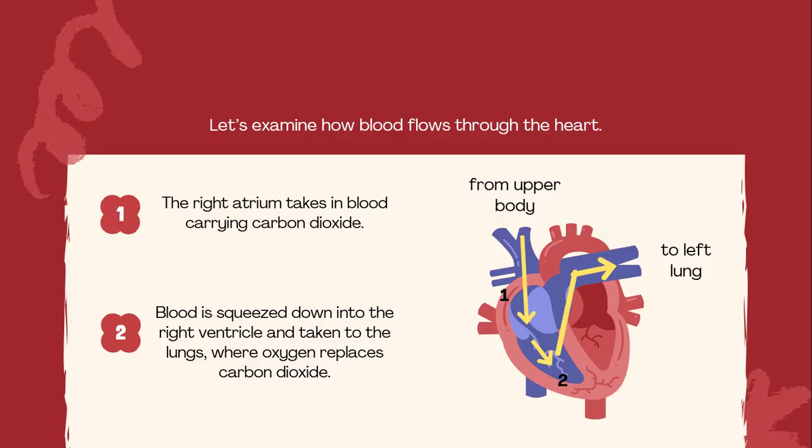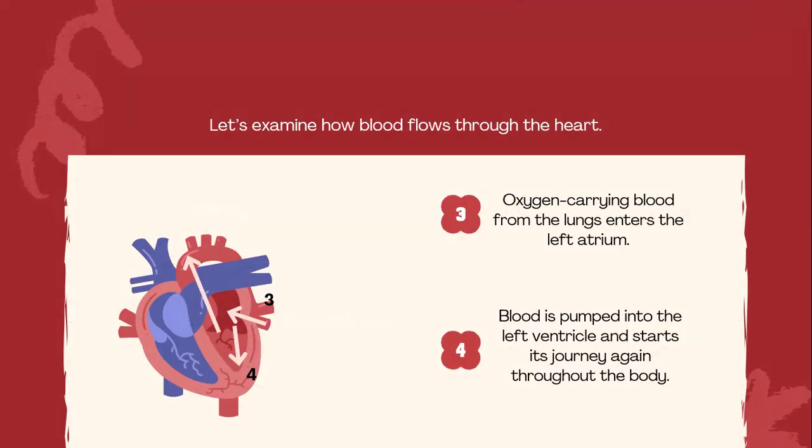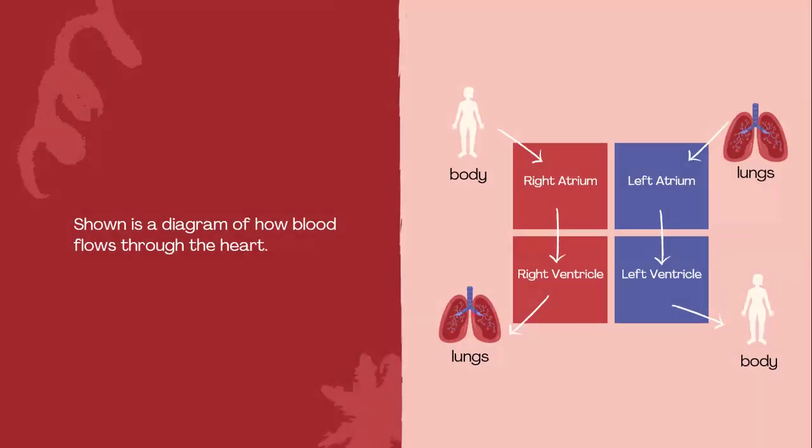That blood is squeezed down into the right ventricle and taken to the lungs. At the lungs, oxygen replaces the carbon dioxide. The oxygenated blood from the lungs enters the left atrium. After that, blood is pumped to the left ventricle and starts its journey again throughout the body via the aorta. So this is just a quick recap.